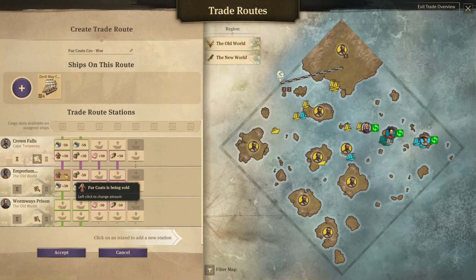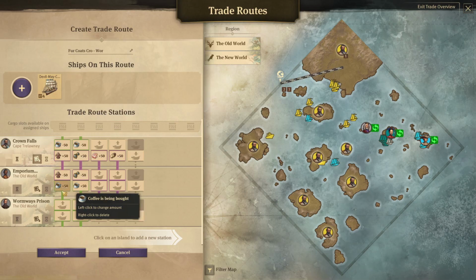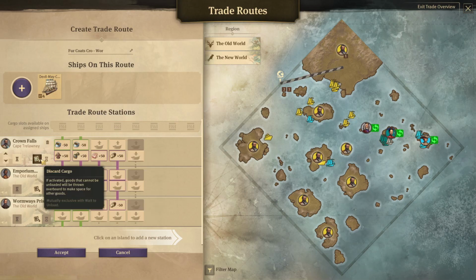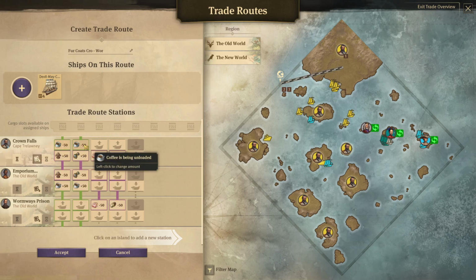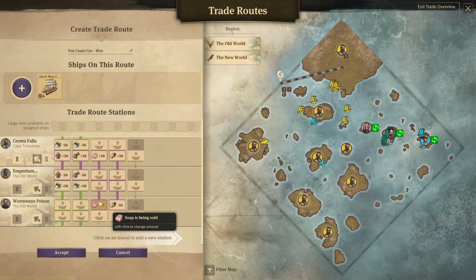She pays about 992 coins for a fur coat as opposed to the standard price, and Eli pays about 382 coins for soap as opposed to the regular price. I'm also telling it to buy coffee and drop that coffee back off at Crown Falls. And I'm also using that discard cargo button. That way, if coffee was full at Crown Falls, it would dump that and leave these slots right here open so it still can pick up these goods and sell that.